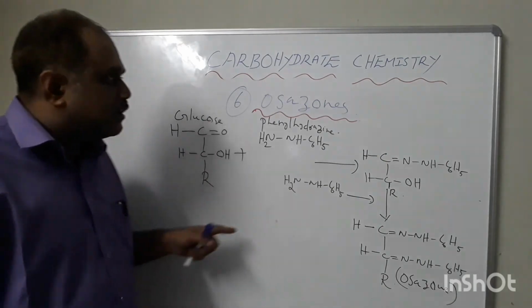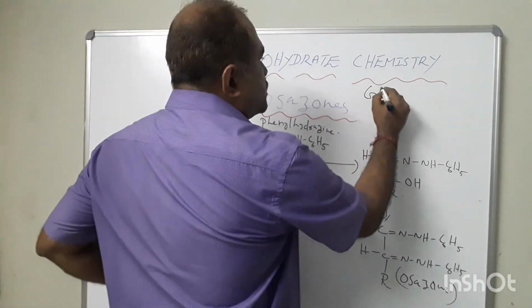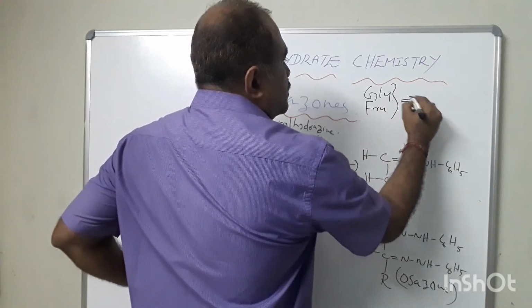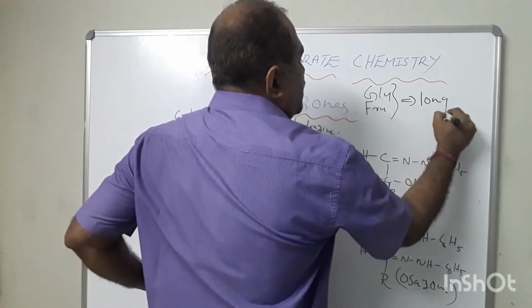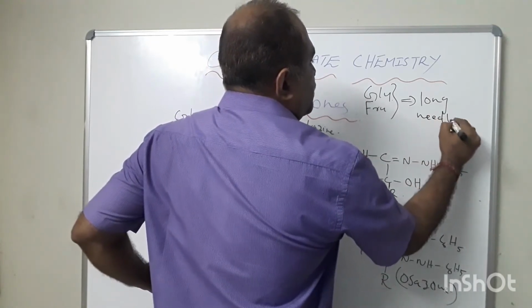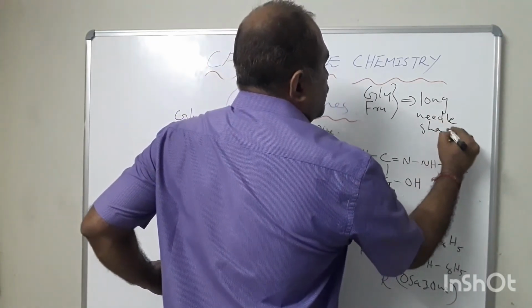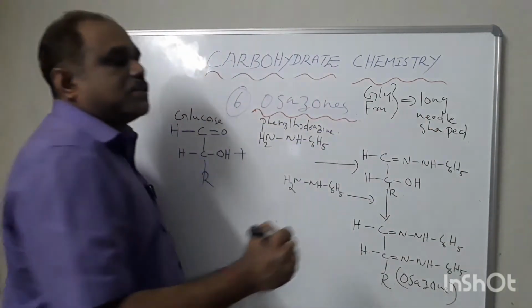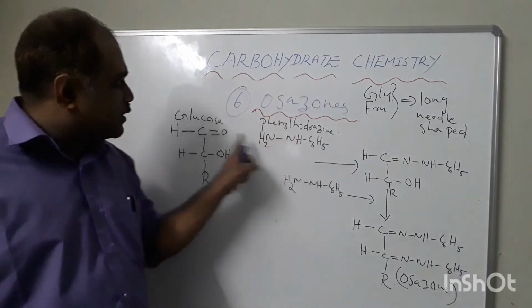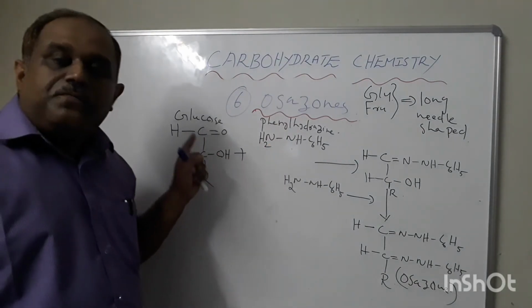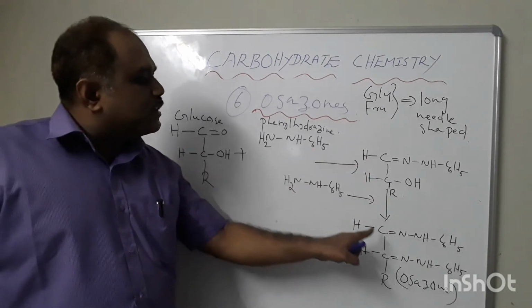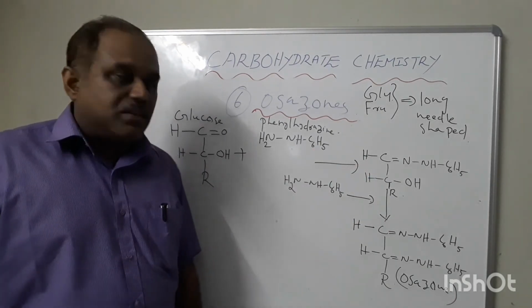That's why glucose and fructose give the same osazone crystals. They give long needle shaped crystals.